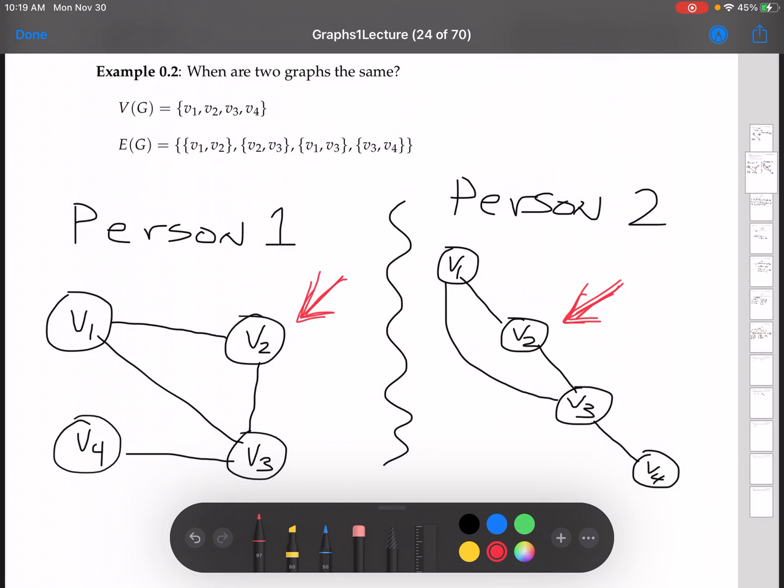Looking at V3 here, V3 has three edges touching it. It has an edge from V1, an edge from V2, and an edge from V4. And look here, there's an edge from V1, from V2, and V4.